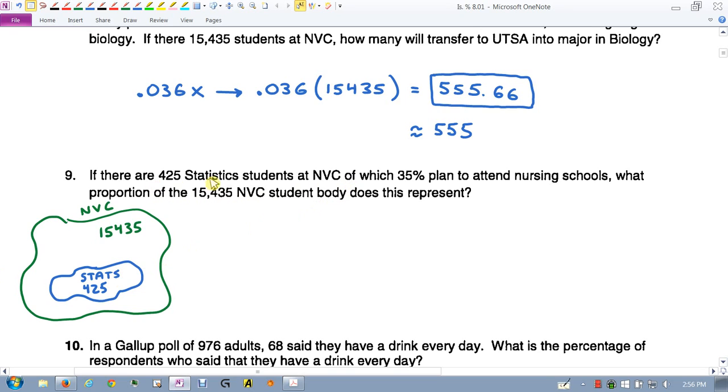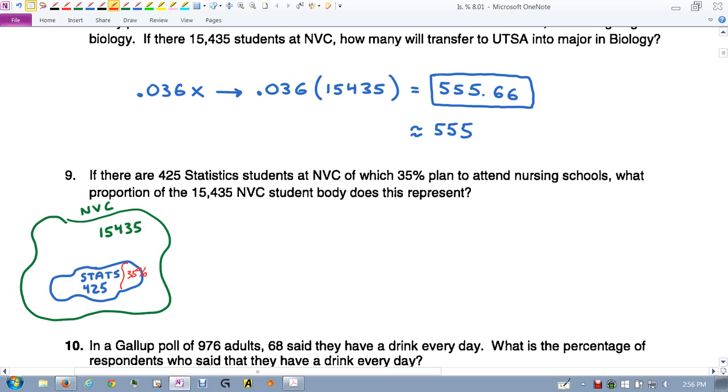Now, of the 425 statistics students, 35% plan to attend nursing school. So what is that group? They're inside the blue circle, right? Because within here is 35% of them. How many is that? 35% of the 425.